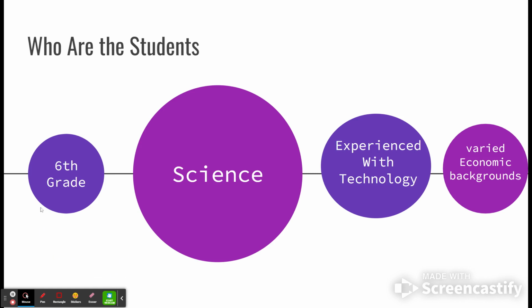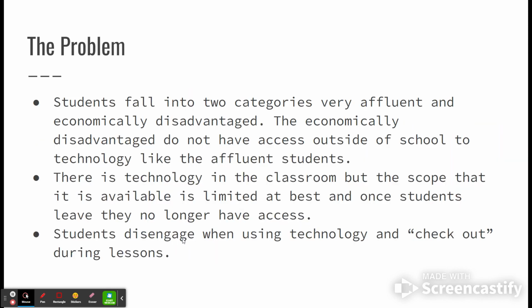This particular lesson is pertaining to science, and these students are really pretty experienced with technology, and in some ways, even more experienced than I am myself. And they all come from varied economic backgrounds and different demographics. It's really pretty sharp contrast. Either they are very affluent or they're very poor. And we'll get to that when we start talking about the problem, because that's really where our core problem lies.